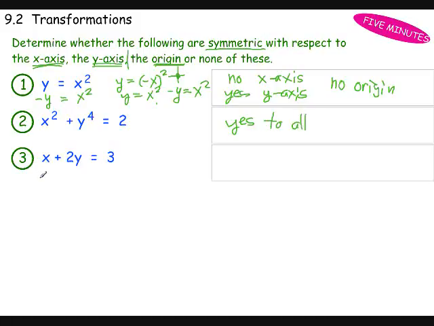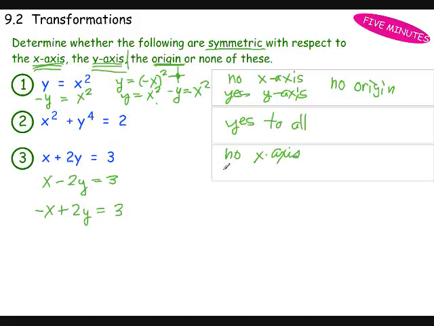How about this one? Let's check for the x first. I put in a negative y, I end up with x minus 2y equals 3. This is no with regard to the x-axis. And if I try now for the y, I put in a negative x, I get negative x plus 2y equals 3.